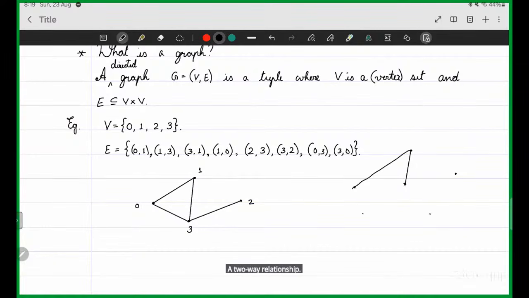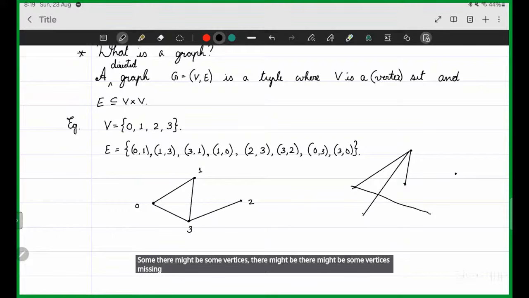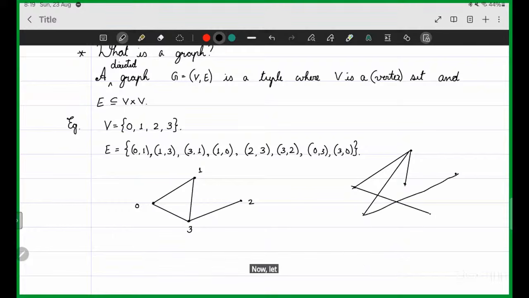There might be some vertices missing. Now let's say this is my graph, right? Just by looking at it, it's a very good visual representation. Excuse me, sir, what do you mean by some vertices missing?